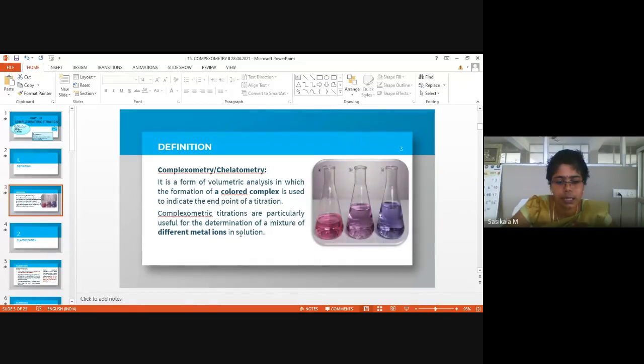For what purpose are non-aqueous titrations and precipitation titrations applied? What type of samples will we proceed with in acid-base titration, non-aqueous titration, and precipitation titration? Can anyone answer?